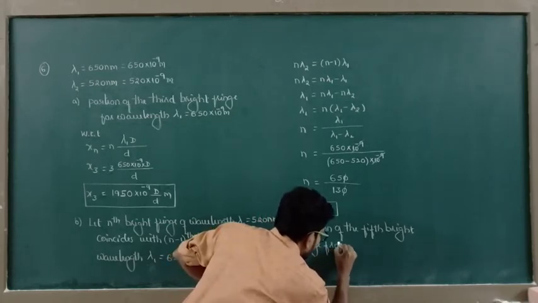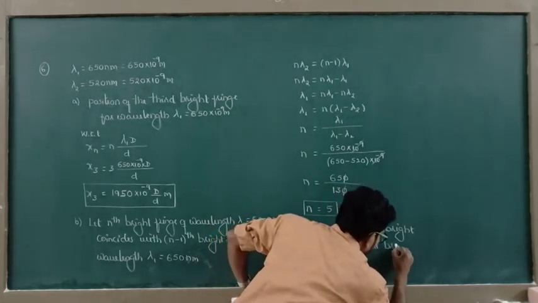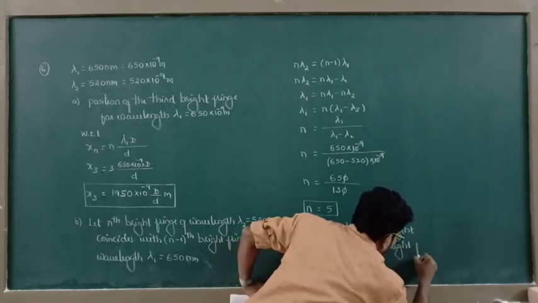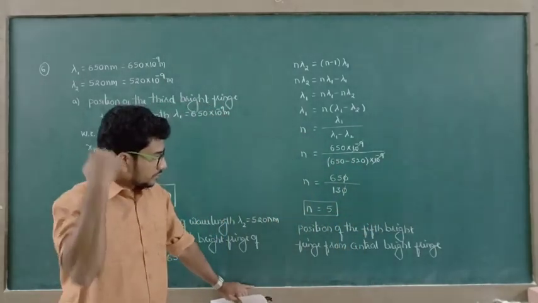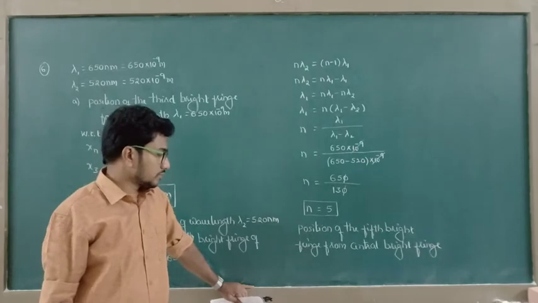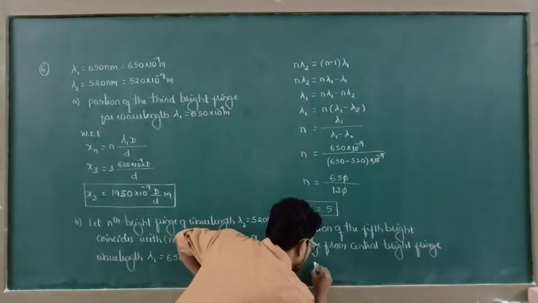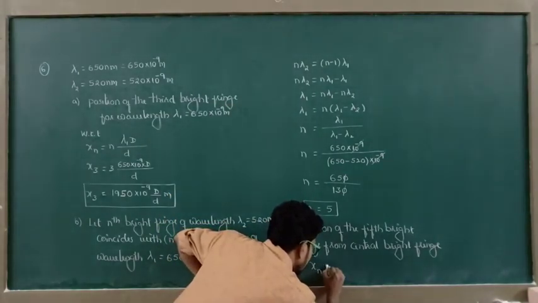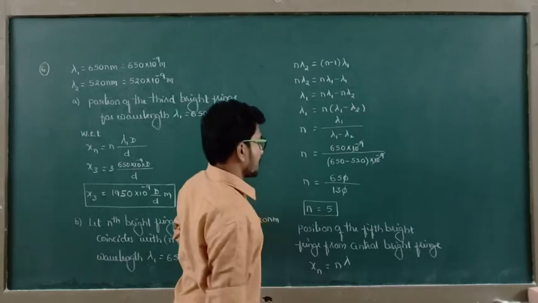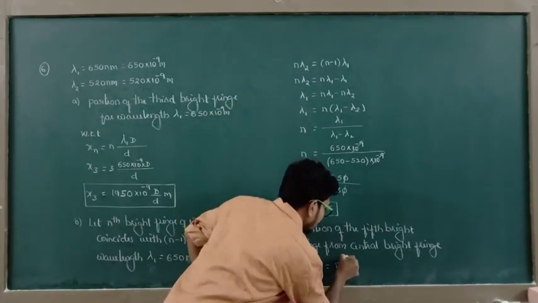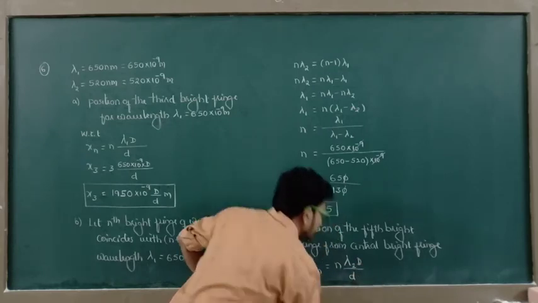from the central bright fringe, xn is equal to n into lambda into, so here I am going to take lambda 2 into capital D divided by small d.